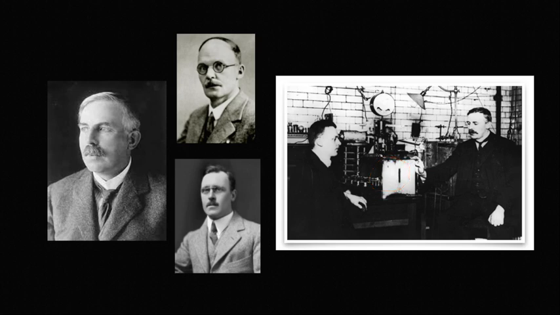Here in this picture you can see Rutherford along with his PhD scholar Hans Geiger, working on the alpha particle scattering experiment. We'll discuss this experiment in our next class. For now we'll discuss what alpha particles are.